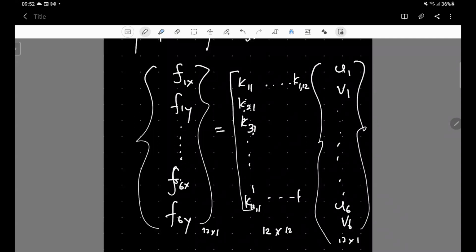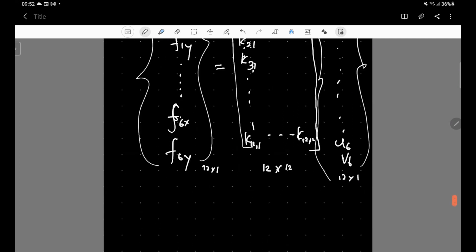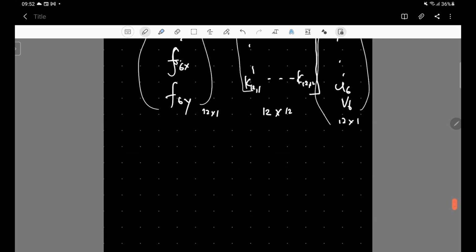The very last element would be K12 12. So just to give you a feeling as to what type of matrices we are tackling. By now, I think you have not lost hope in performing a hand calculation. I'm trying to motivate you as to why we exactly use software to calculate these problems.